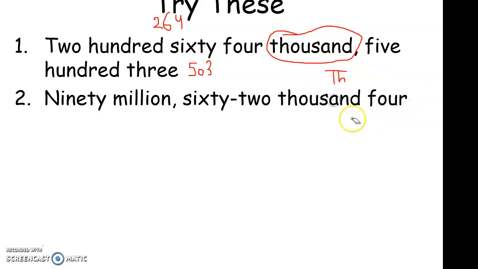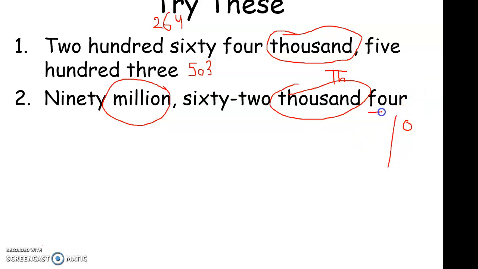Now let's do the second one. 90,062,004. So I will circle the families. We have here million family and we have thousand family. For sure we have ones because always we skip it. So I will write now three families. Ones, thousand, and what?